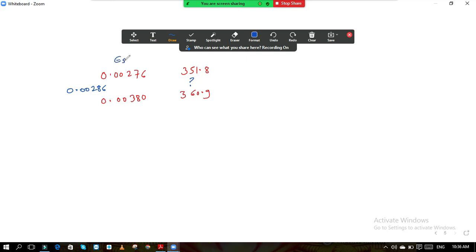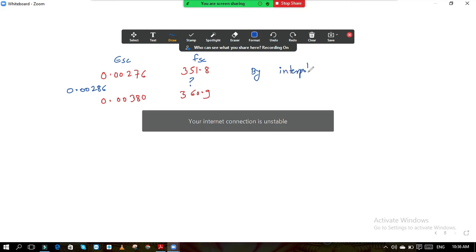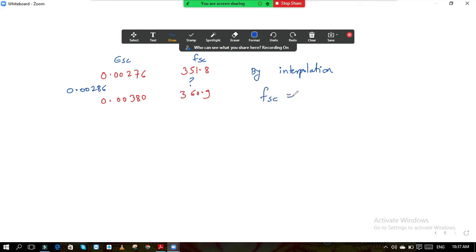This is the value of your strain and this is the value of your stress, FSC. So here I will write by interpolation, FSC is equal to, what is the value?